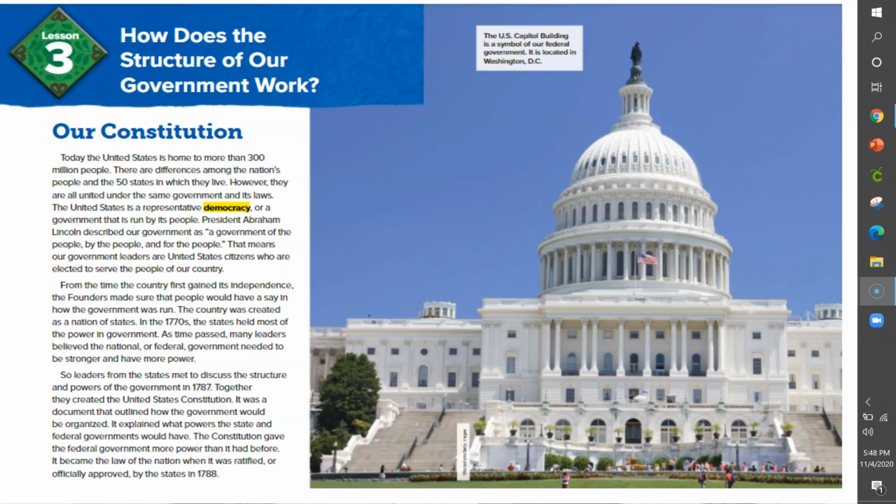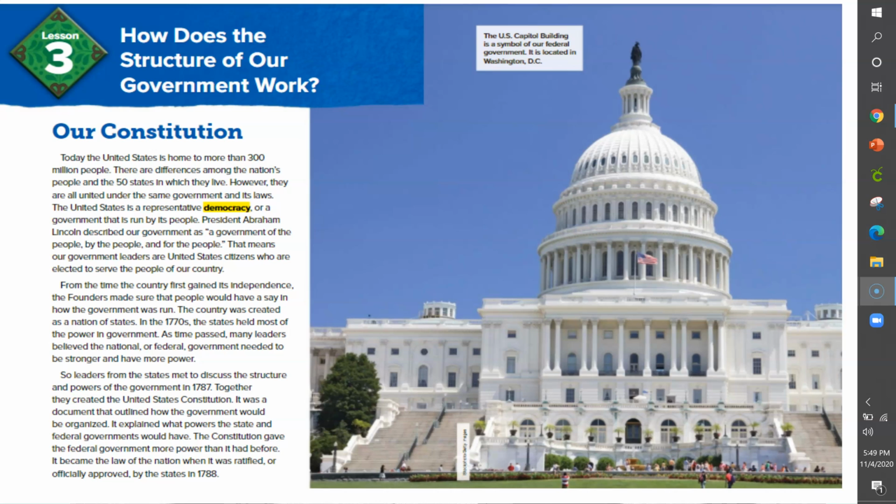Well, even though the states are different, they all stand together under one government, outlined in our Constitution. In the beginning, this was not true. So the founders created a nation of states that were not very united in the beginning. Thankfully, over time, the states did become united under our Constitution.